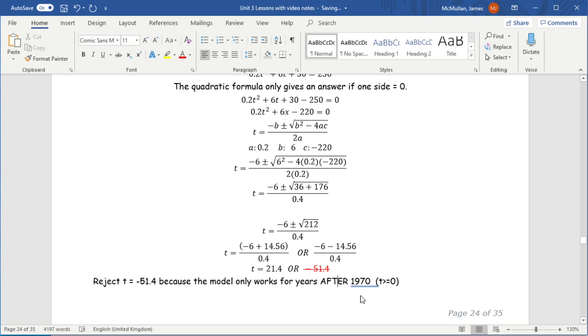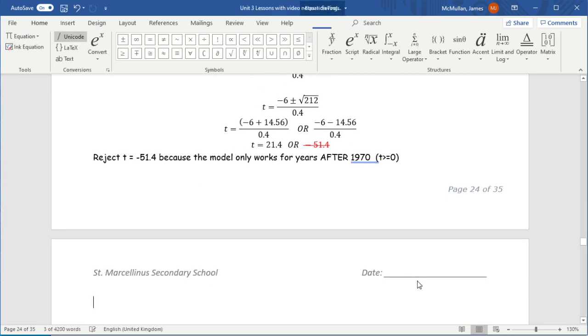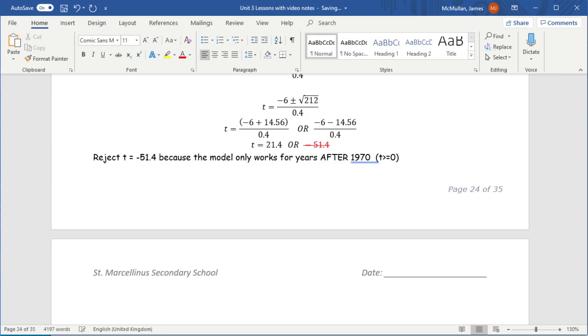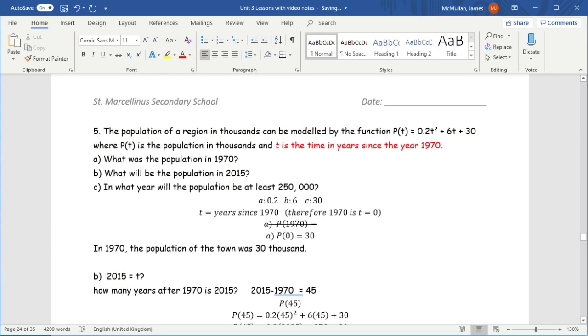So let's just write this down. 21.4 years after 1970, the town had a population of 250,000.